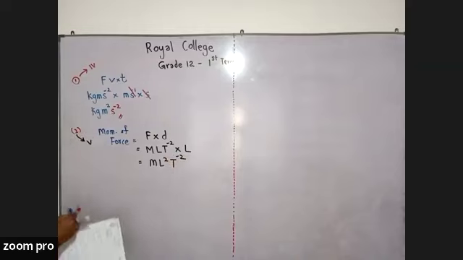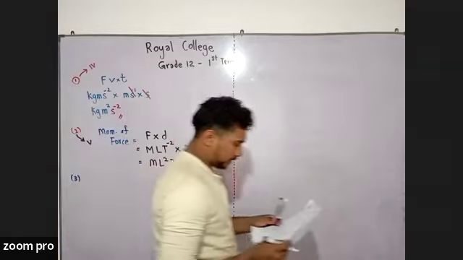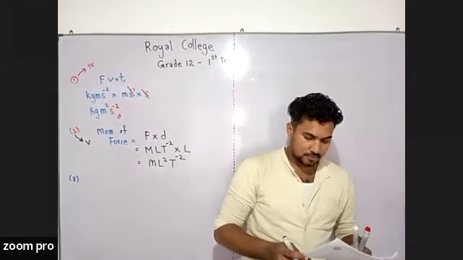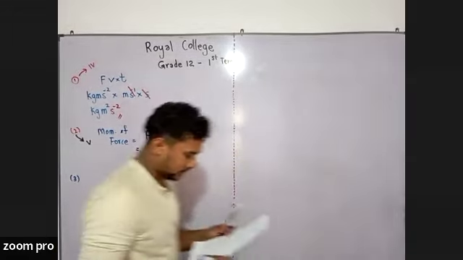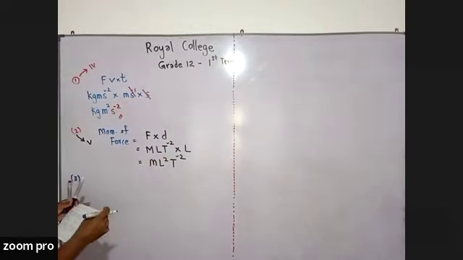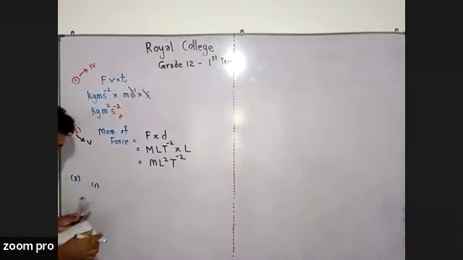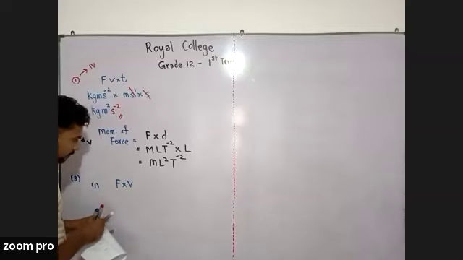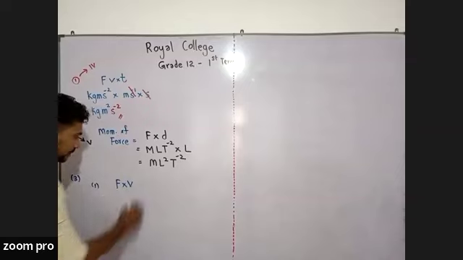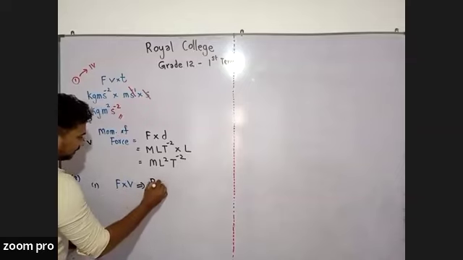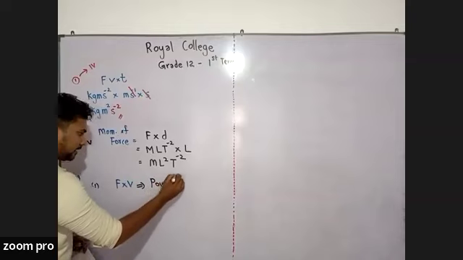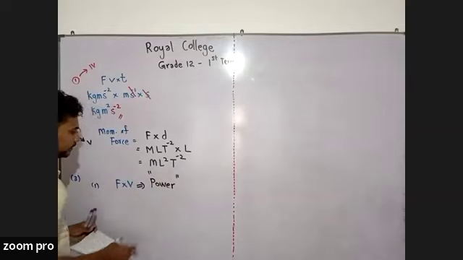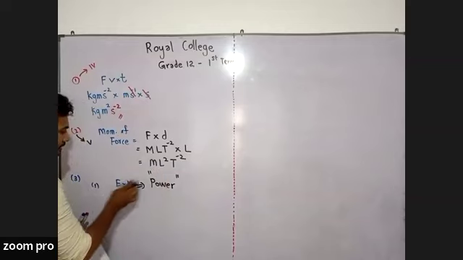In the third question, choose the answer that gives the vector as the result from the pair below, right? You can figure out that force into velocity, guys. The product of force and velocity represents power, right? You might have learned about that, or in the future you will learn regarding the relationship between the power and the FV, right?